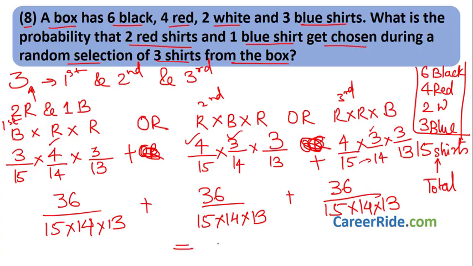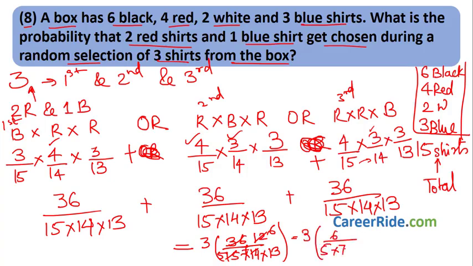On solving this, you can simply write 3 into 36 upon 15 into 14 into 13, right? So 3 5s are, 3 into 12s are, 2 6s are, 2 7s are. On solving this it is nothing but 3 into 6 upon 5 into 7 into 13. On solving this you will get the answer as 18 upon 455. So this is the probability of choosing 2 red shirts and 1 blue shirt.